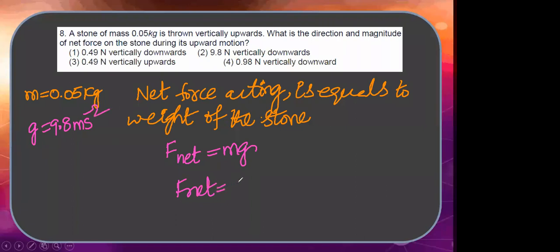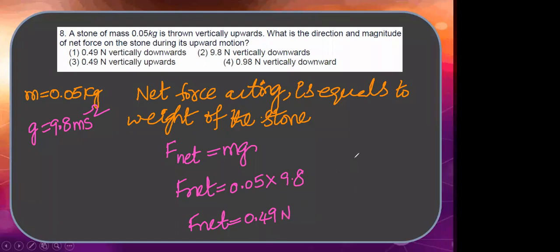Then net force is equal to mass, which is given as 0.05, into 9.8. Therefore, net force is equal to 9.8 into 0.05, that will be equal to 0.49 newtons.